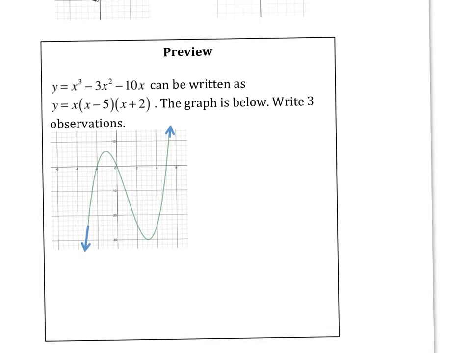By way of preview of how we're going to use this later, notice that here's a cubic trinomial, that's a function, and it can be rewritten when we factor it to look like this. Now I do want to point out to you that if we use the zero product property, x is 0, x minus 5 is 0, and x plus 2 equals 0. When we solve each one of these, we get x is 0, x is 5, and x is negative 2.